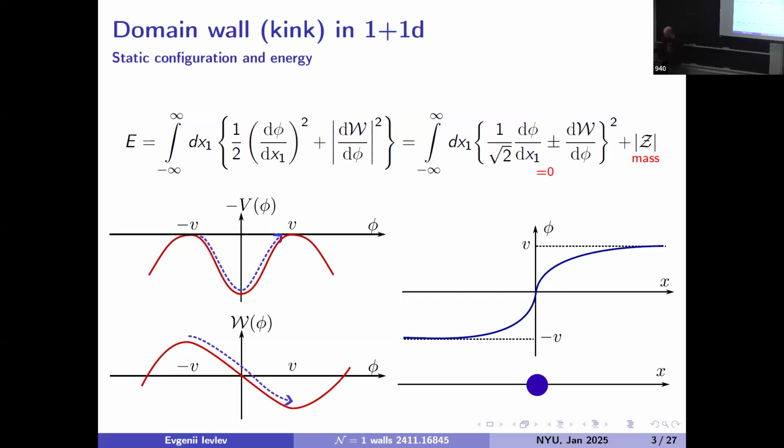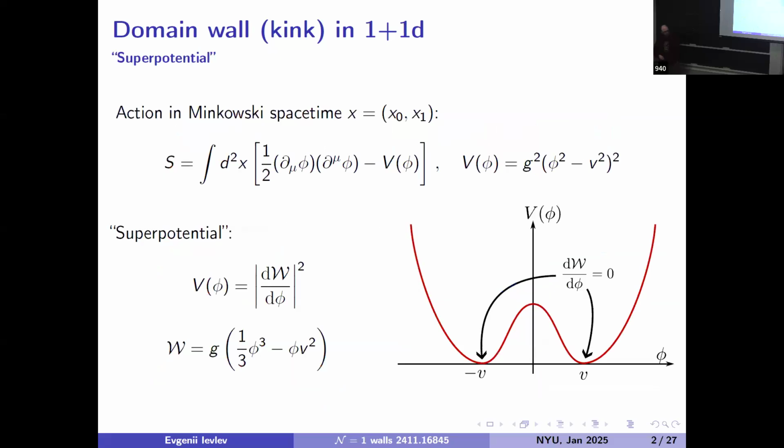The takeaway message is that when you have this superpotential, it can actually give you exactly the energy of your topological solution. And you don't even have to know the trajectory. You just need to know that it exists.